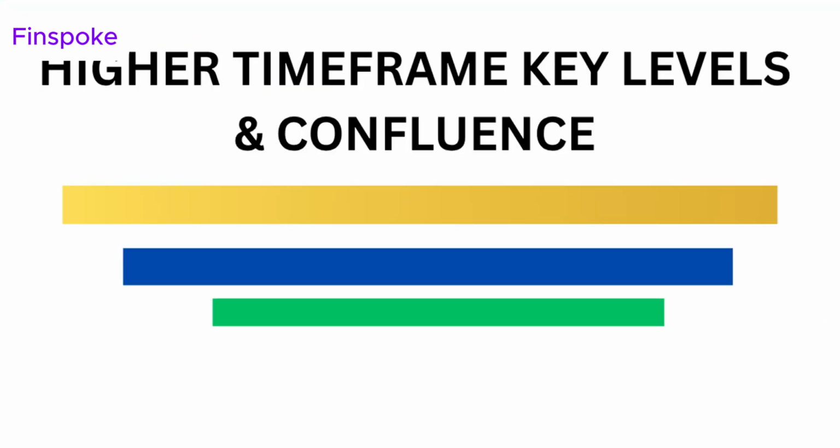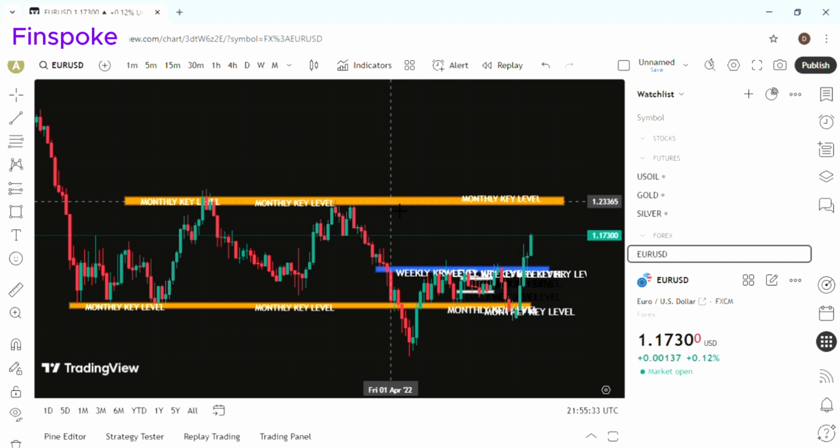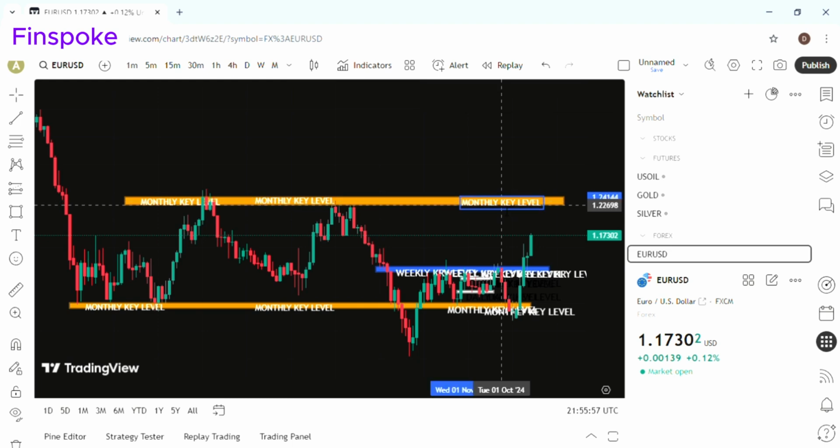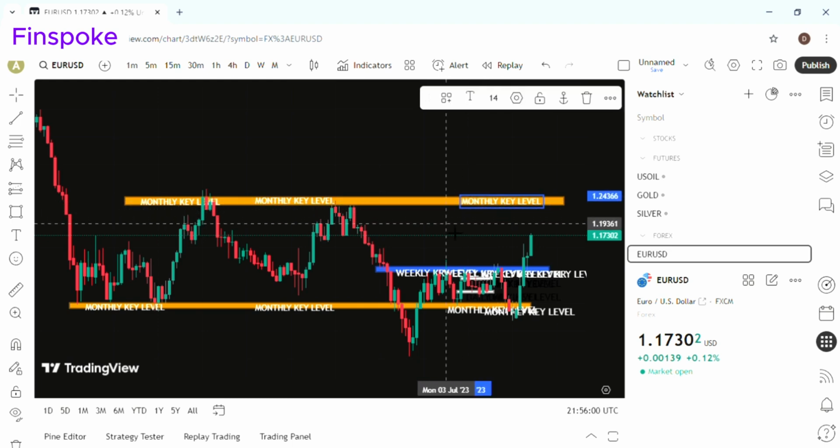Next is higher time frame key levels and the confluence. When you come to your chart and you are using monthly time frame, weekly time frame, daily time frame, or intraday time frame, the lower time frames aren't visible. As a trader, what you need to do is to mark your monthly time frame, weekly time frame, and daily time frame with different colors.